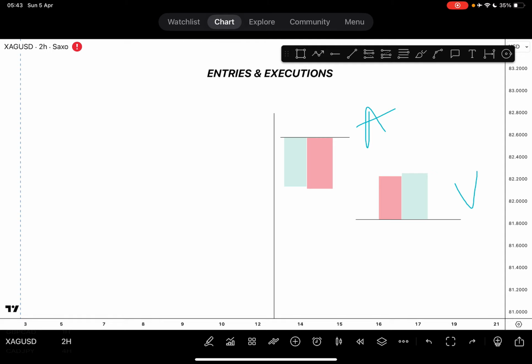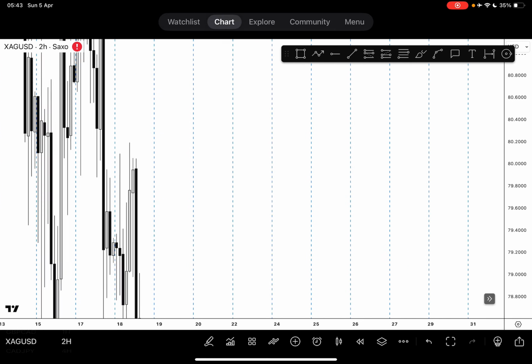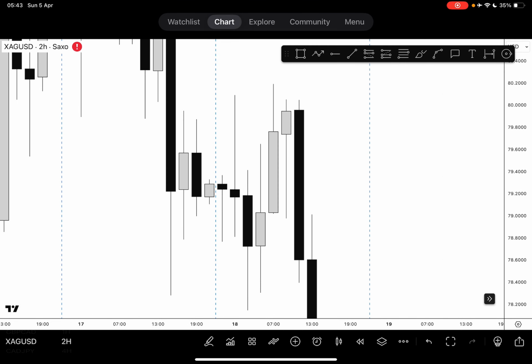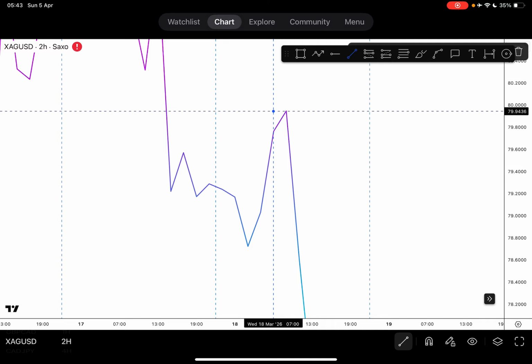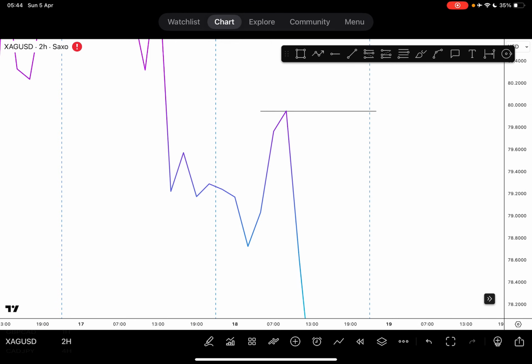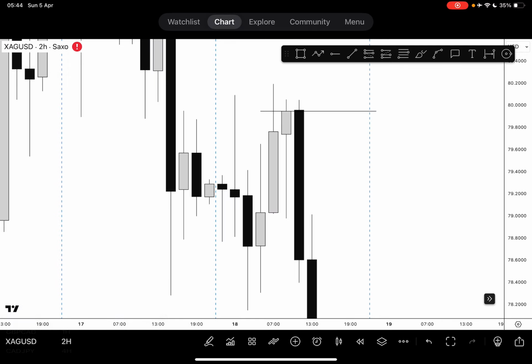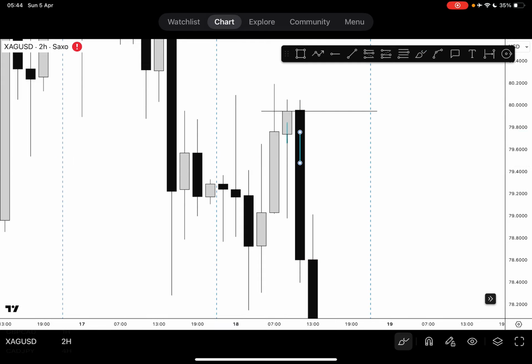Why do we call this an A shape and a V shape? If you go to your line chart, you can see this is called an A-shaped key level. You can see that this key level is formed by two candles, a bullish candle and a bearish candle side by side.